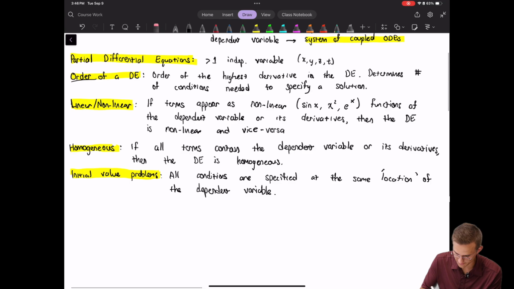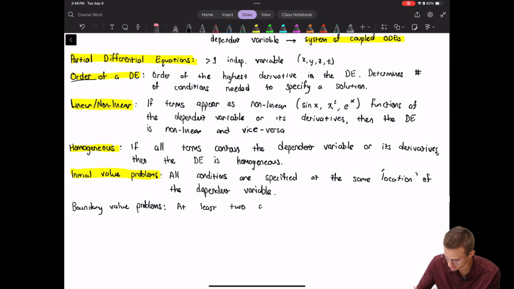But we also have boundary value problems. And this is where at least two conditions are specified at different independent variable locations.